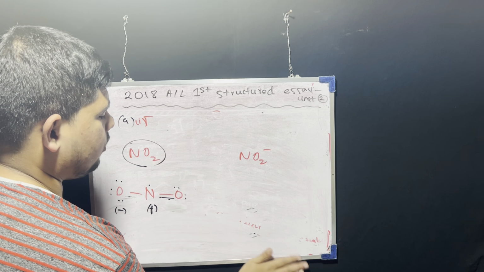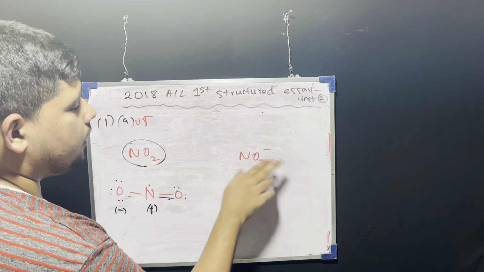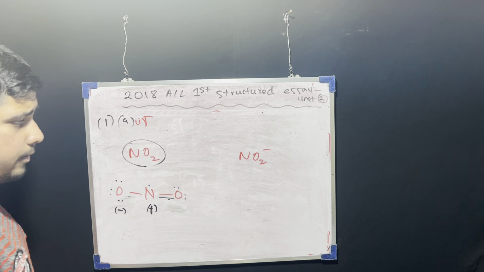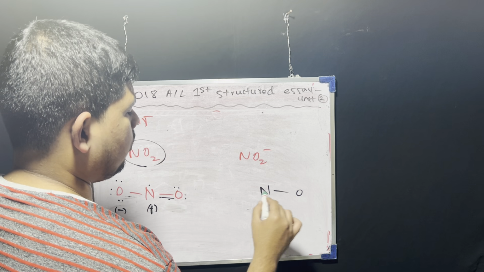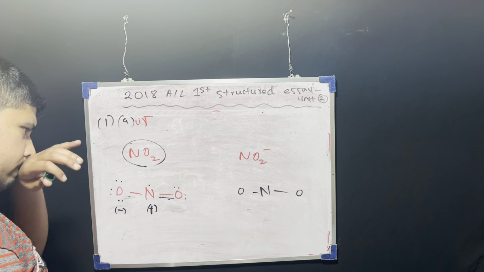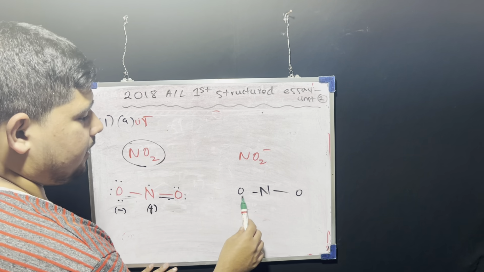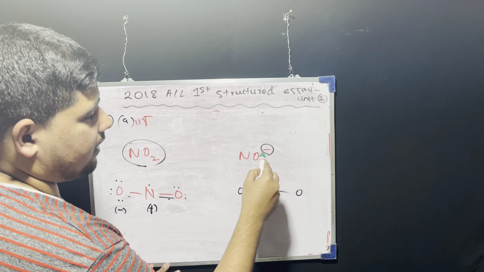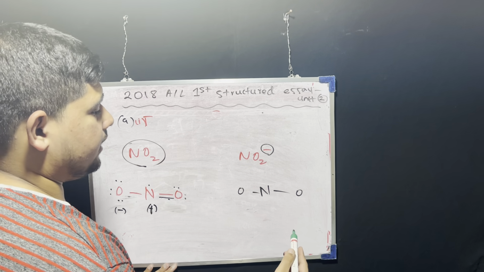Now we'll see NO2 minus. How many valence electrons? 6 plus 6, 12. 12 plus 5, 17. Plus one more electron, that is 18.